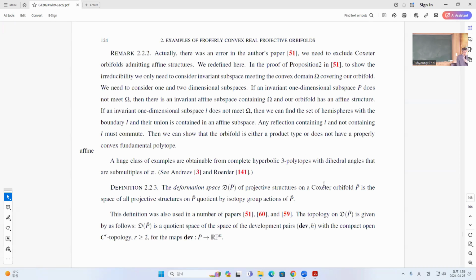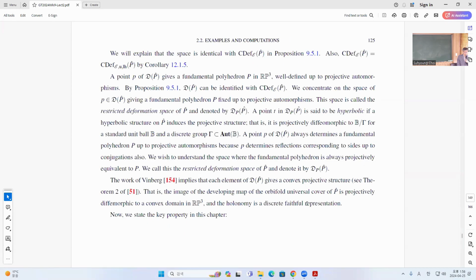Now we want to define the deformation space of a Coxeter orbifold to be all the projective structures quotient by isotopy. And so on, and then we want to restrict this to P. So restricted deformation spaces are the ones where the fundamental polytope is the same up to projective automorphisms. Okay, so that's what we studied.